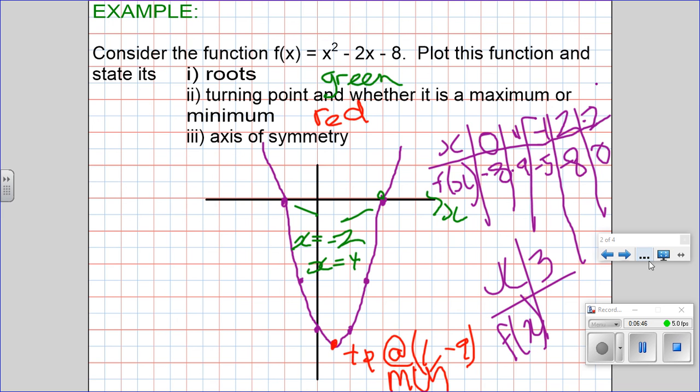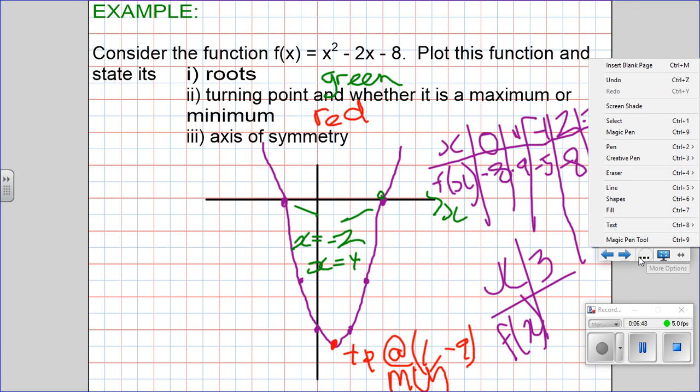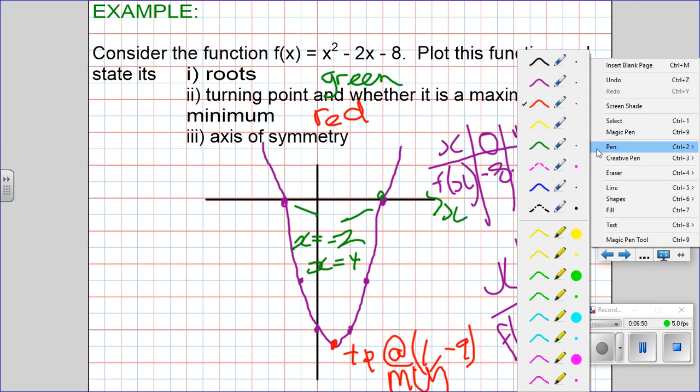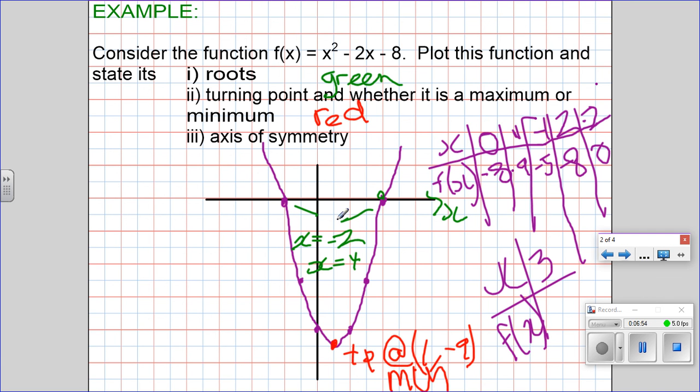Okay, right, and then we have our axis of symmetry. Let me change colour of pen again, and let's go blue. Your axis of symmetry happens when your graph starts to turn on itself, because that's when you've got points matching up again, and your axis of symmetry happens here.